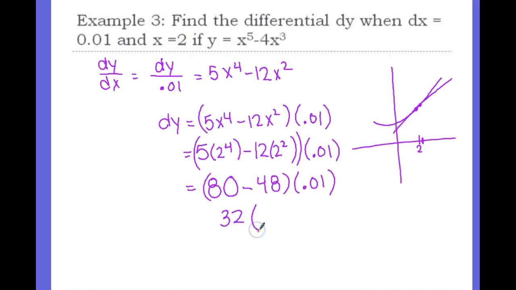And again, 0.01 is kind of like 1 over 100. Or you can think about it: 32 times 1 is 32, 32 times 0.1 would be 3.2. So 32 times 0.01 adds two decimals and turns this into 0.32.